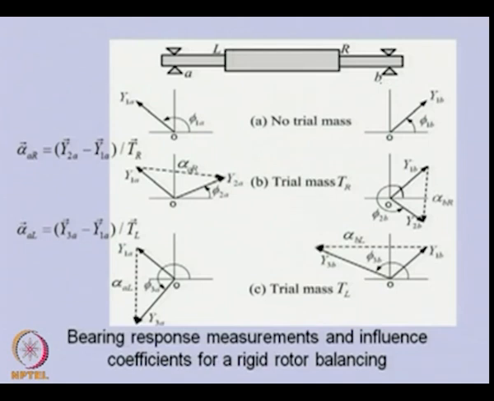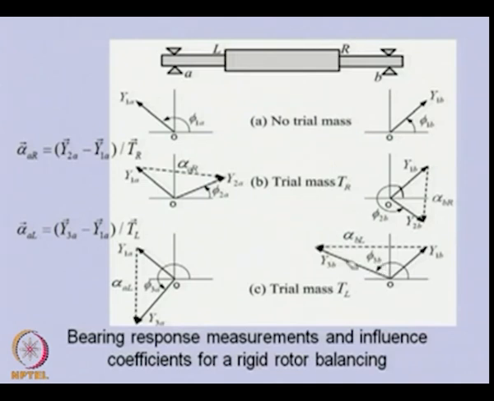Similarly, in the third case, we will remove this trial mass from the right plane and keep another trial mass in the left plane, and again take the measurement. For this case the measurement is y3a, and the phase is phi 3a. Similarly, y3b is the measurement amplitude, and the phase is phi 3b.